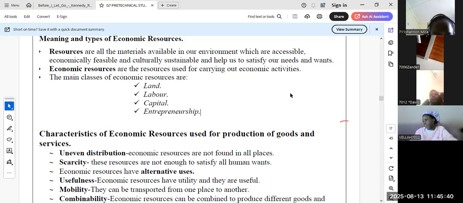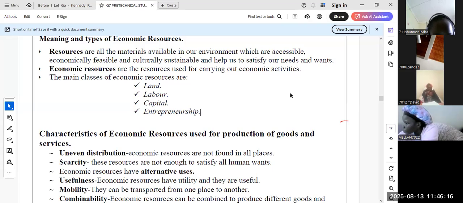Remember, we are looking at the characteristics of economic resources used for production of goods and services. We said economic resources are grouped into four: land, labor, capital, and entrepreneurship. One of their characteristics is that economic resources have alternative uses. In other words, they have more than one use. So we are looking at the uses of land specifically.